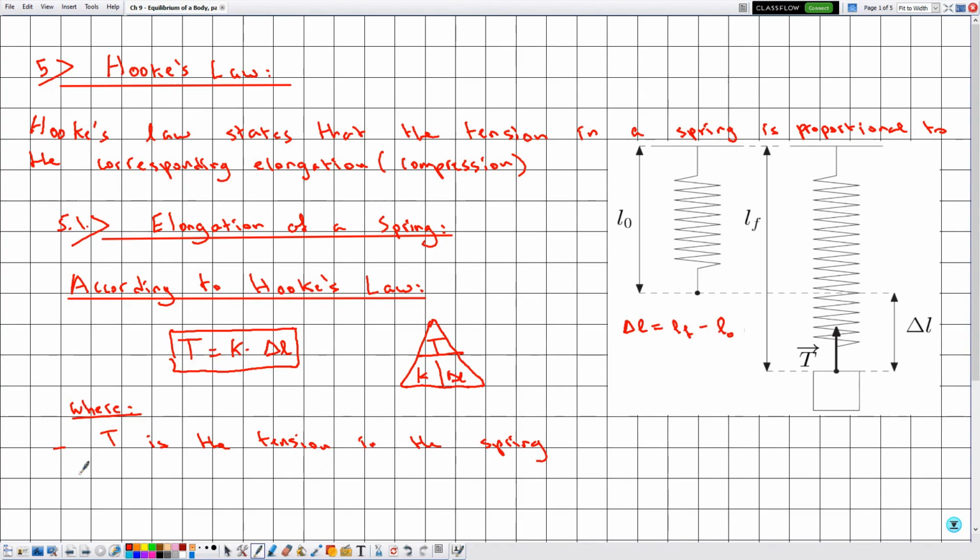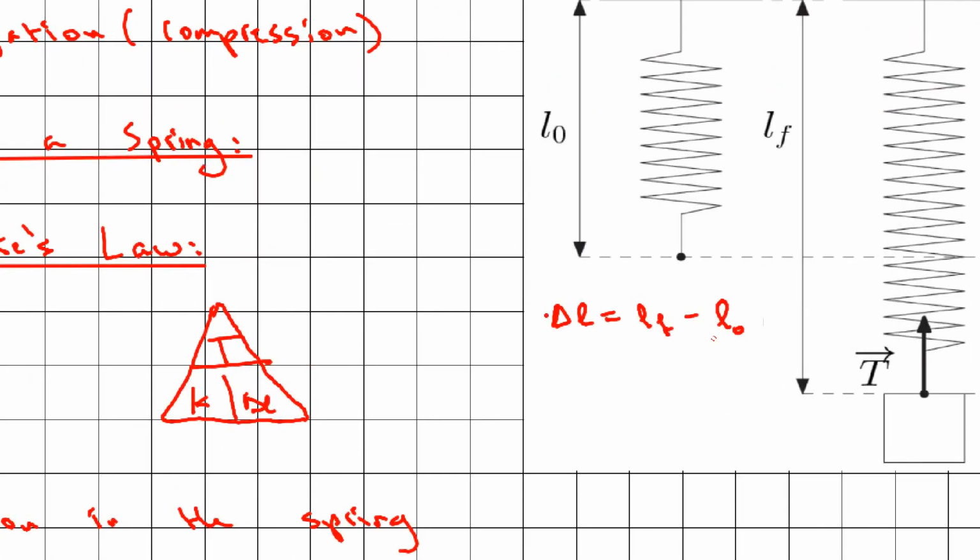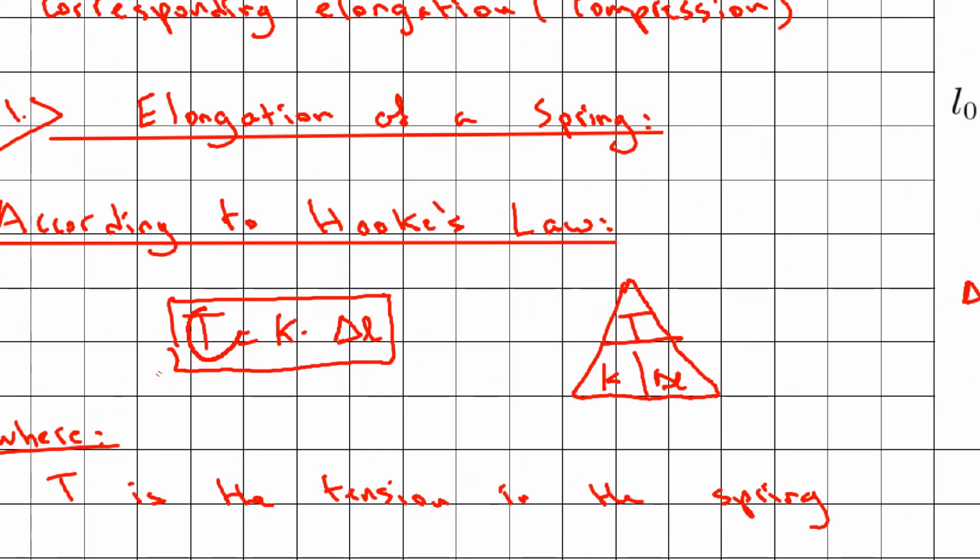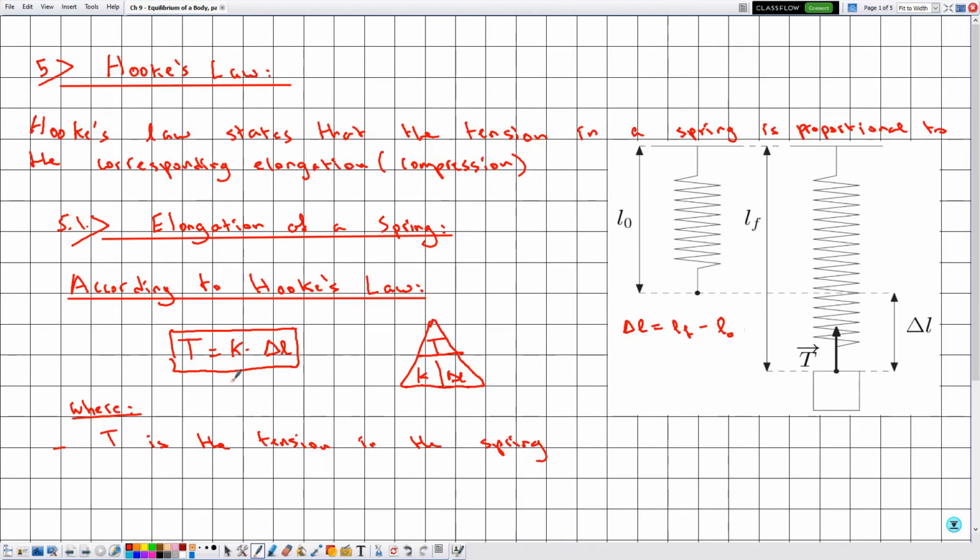Previously, T used to be calculated for a string or even for a spring by referring to the condition of equilibrium, but we didn't see any explicit relation that one can directly determine T from. Now, if we are dealing with a spring and we know its stiffness and we can measure the elongation, then the value of T can be directly calculated from this explicit relation, and this is very similar to Ohm's law in electricity.